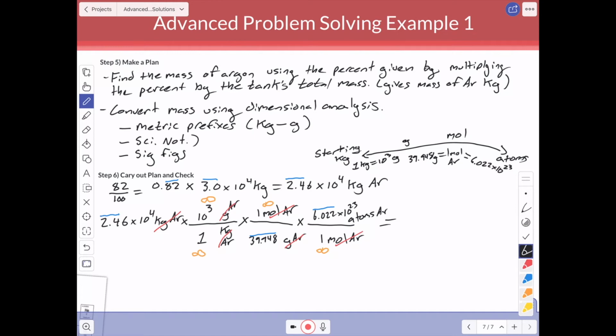2.46 times 6.022, and then that gets divided by 39.948. That gives me 0.3708, and that's going to be to 2 significant digits, right? This is my least number.